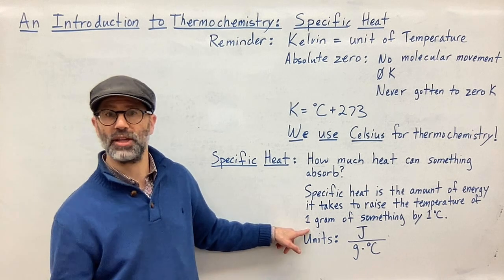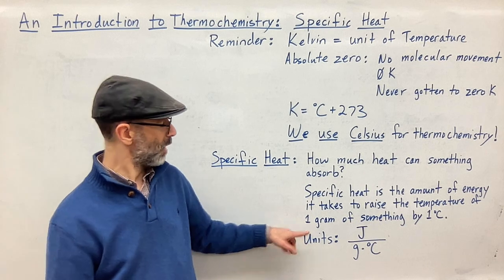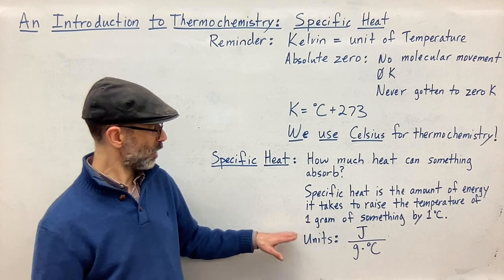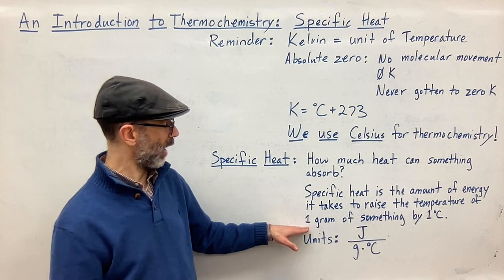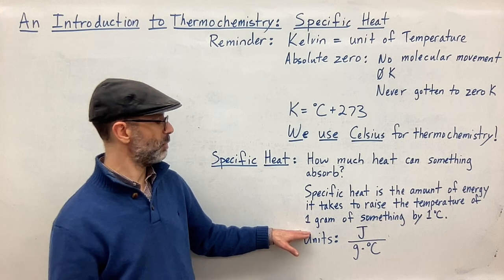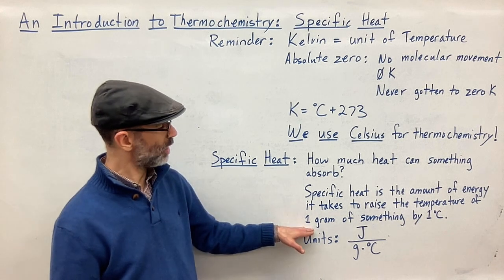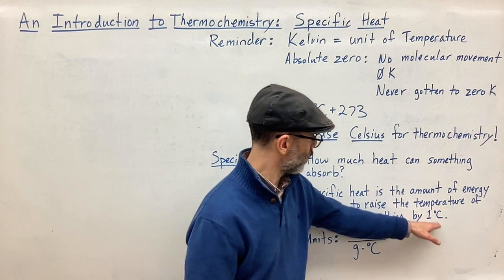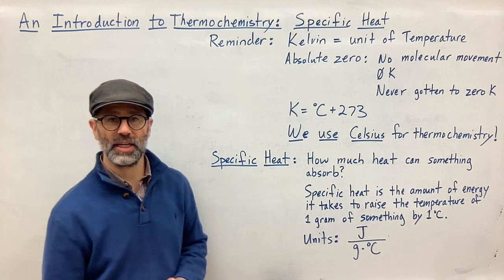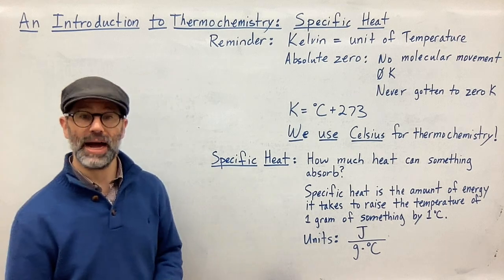It would be whatever the amount that you are looking at. But we need to specify what the amount is, and here we're being specific to 1 gram. So it's the amount of energy it takes to raise the temperature of 1 gram of substance by 1 degree Celsius. And that is what we mean by specific heat or specific heat capacity.